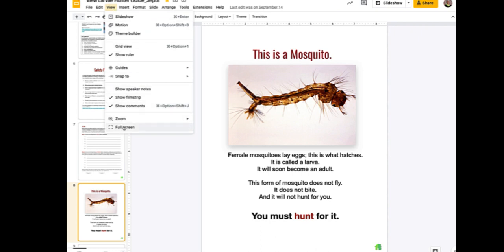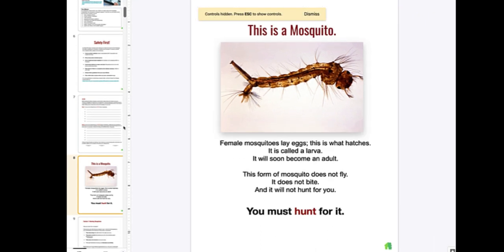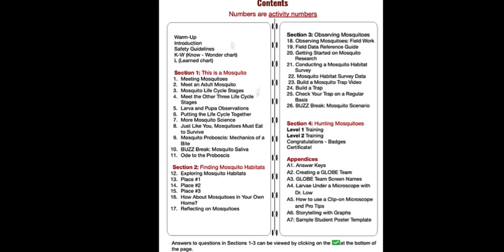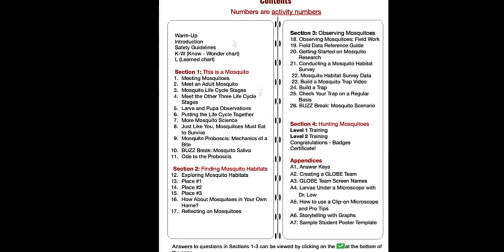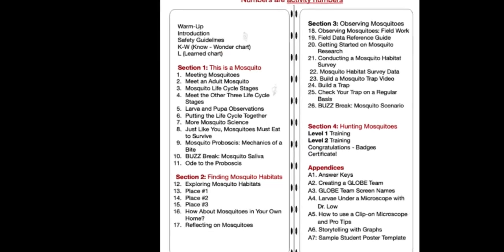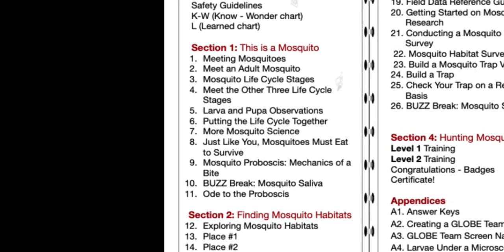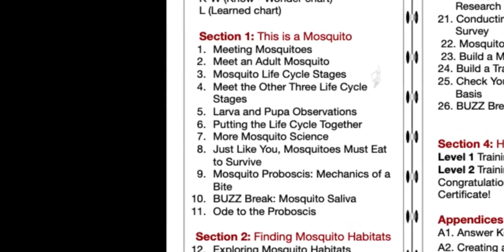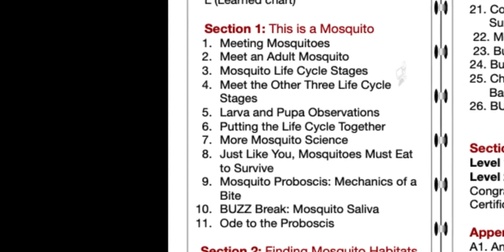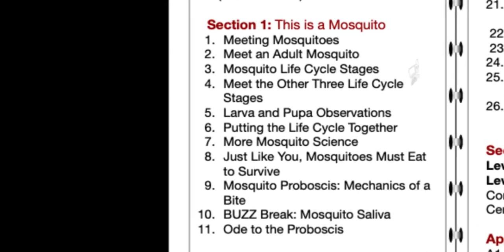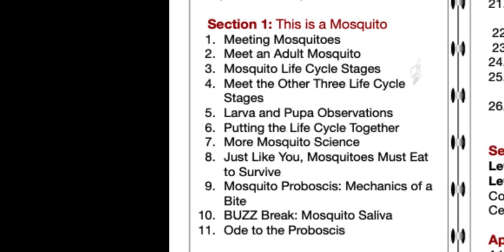This guide follows a logical instructional and learning sequence. If we look at the table of contents, the first thing they're going to do is meet the mosquitoes. That's where we start, with an introduction to the organism. It provides 11 activities that include things for the kids to do, diagrams to examine, and explanations and questions to answer about the structures and the function of those structures.